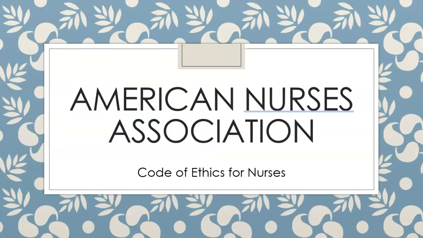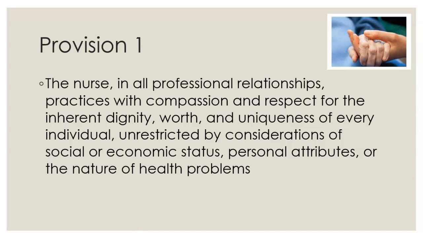So the American Nurses Association Code of Ethics for Nurses has 9 provisions, and I'm just going to read each one of them to you. Provision 1. The nurse, in all professional relationships, practices with compassion and respect for the inherent dignity, worth, and uniqueness of every individual, unrestricted by considerations of social or economic status, personal attributes, or the nature of health problems.